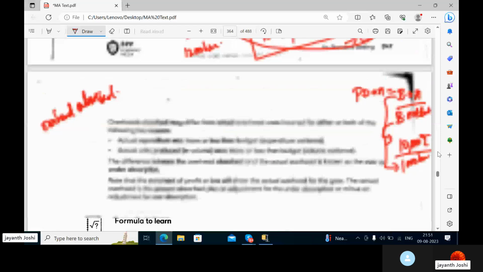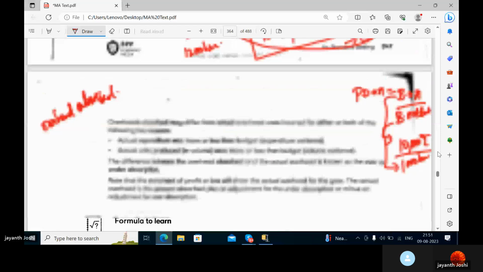So when your absorbed overhead is 1200 and your actual overhead is, let's say, 800, your absorbed overhead is more than your actual overhead. So is it over absorbed or under absorbed? Over absorption, right?